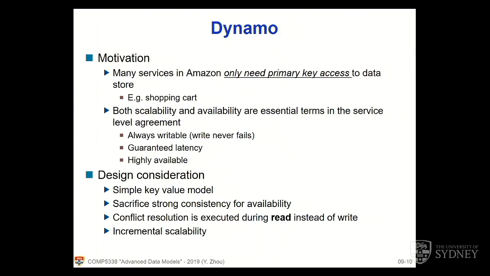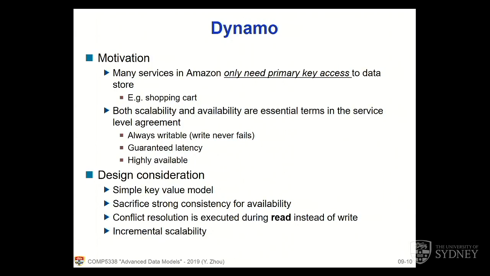In particular, they set their own goal that they want their system to be always writable, which means the write should never fail. It doesn't really matter how many servers are currently unavailable. As long as some server in their whole server farm is still available, they want any write to be successful, to be able to return successful to the client.